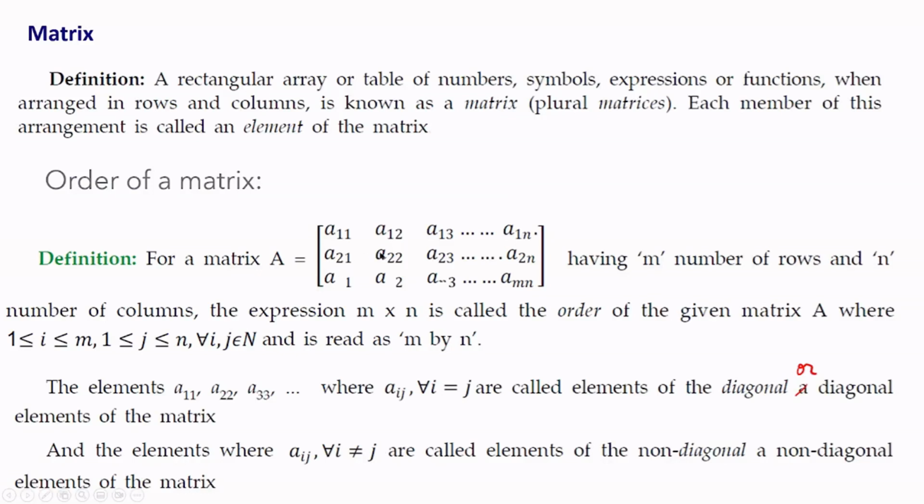And all the other elements apart from the diagonal elements are called the non-diagonal elements of matrix A. So this is with respect to the definition of matrix, order of a matrix, and the diagonal and non-diagonal elements.